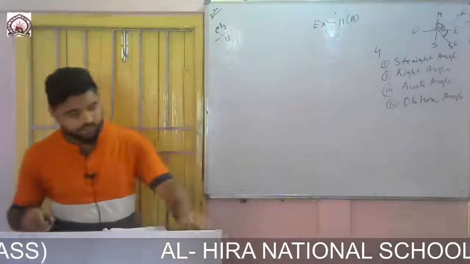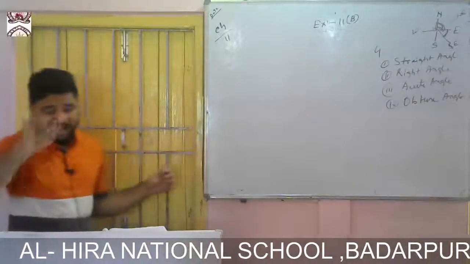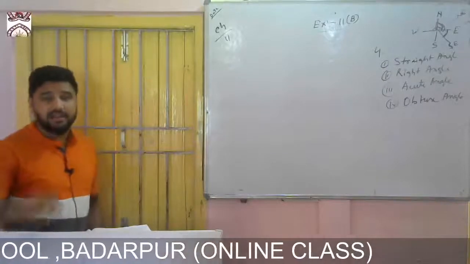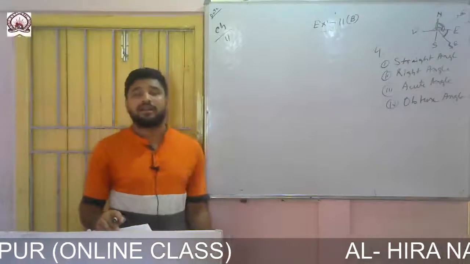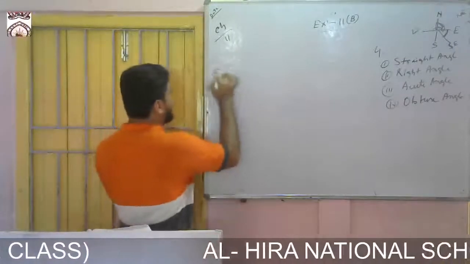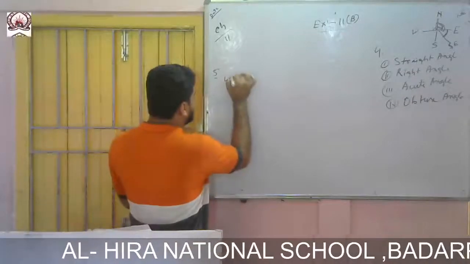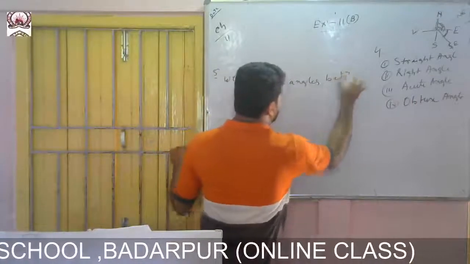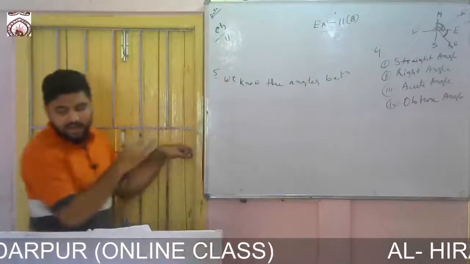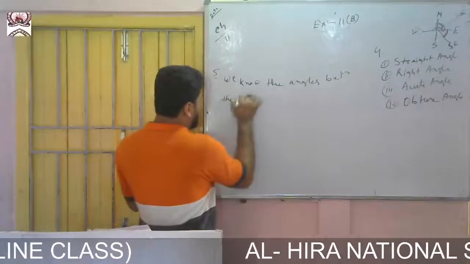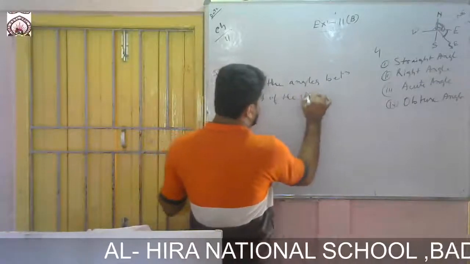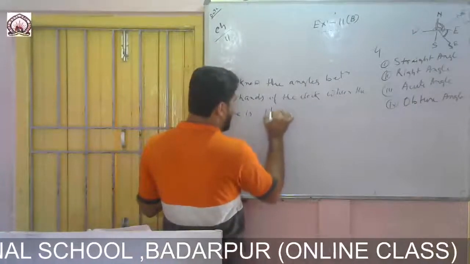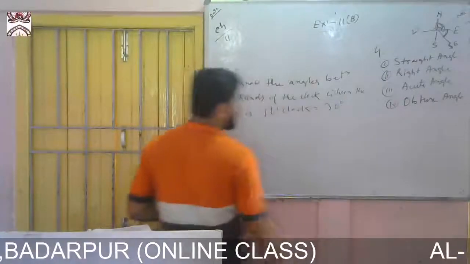Question number 5. We know the angle between the hands of the clock when the time is 1 o'clock is 30 degrees, as we have found earlier.